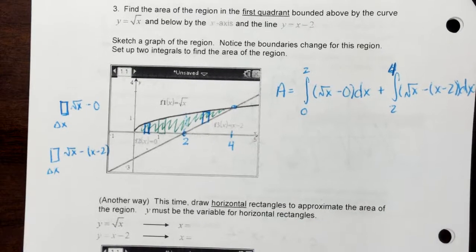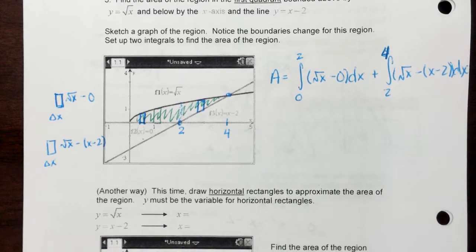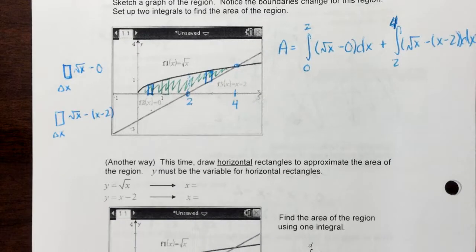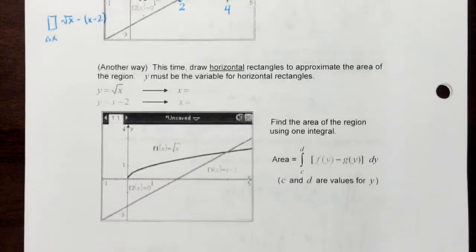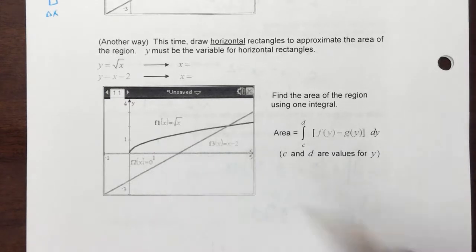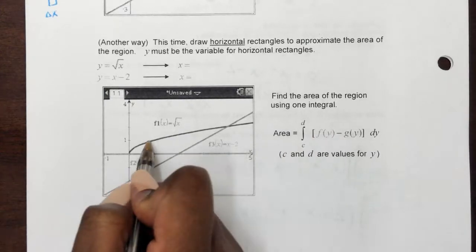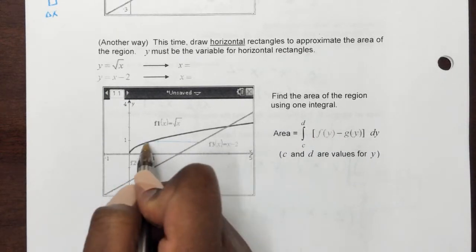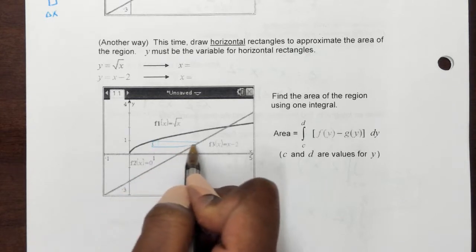And that just seems like a lot of work that we shouldn't need to be doing. So instead, another way that we can do this is we can draw horizontal rectangles. Instead of drawing vertical rectangles that go up and down, we can draw horizontal rectangles that deal with this space.